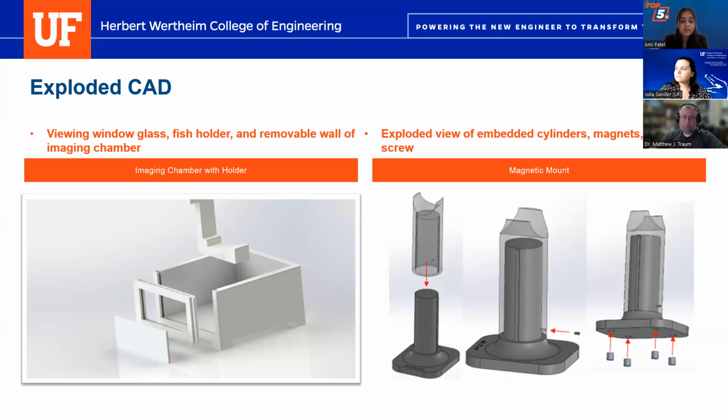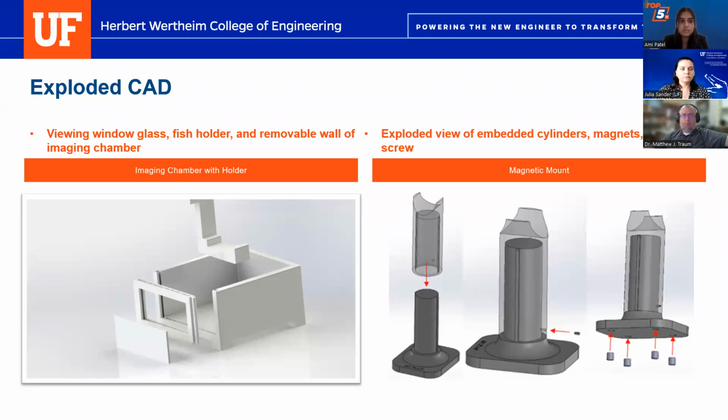On the right, we have the magnetic mount subsystem, and this is comprised of 4 different components, which enable continuous movement in the Z direction and prevent rotations about the Z axis. There are 2 cylindrical components shown in the first picture on the right magnetic mount, and they are concentric with one another, and they slide along the tracks to ensure that you can set it to the desired height.